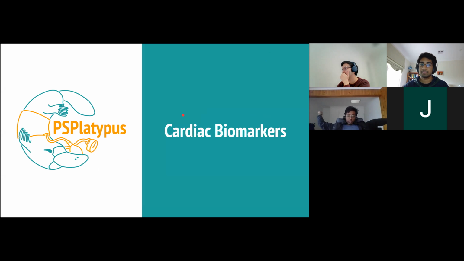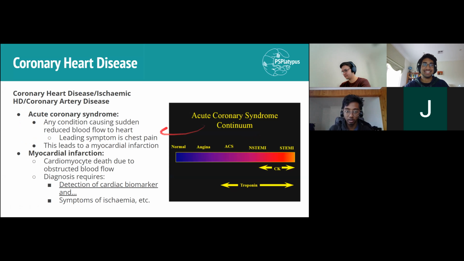So when we think about cardiac biomarkers, we're thinking about stuff that's specifically inside cardiac cells that enters the blood, and once we realize that it's in the blood, we can realize that there's some pathology going on in the cardiac system, or specifically with the heart. So let's talk about the pathologies first.